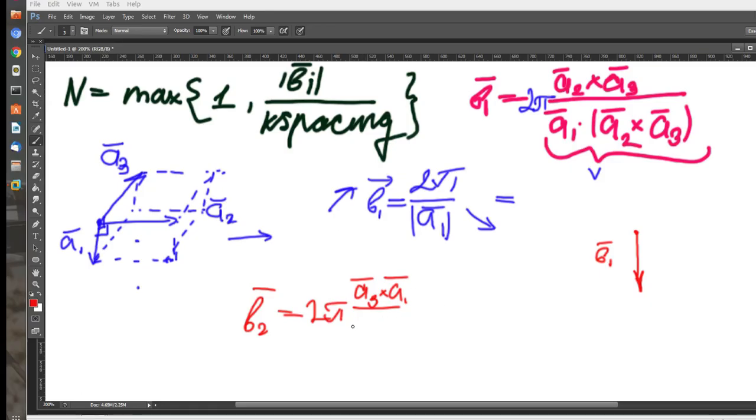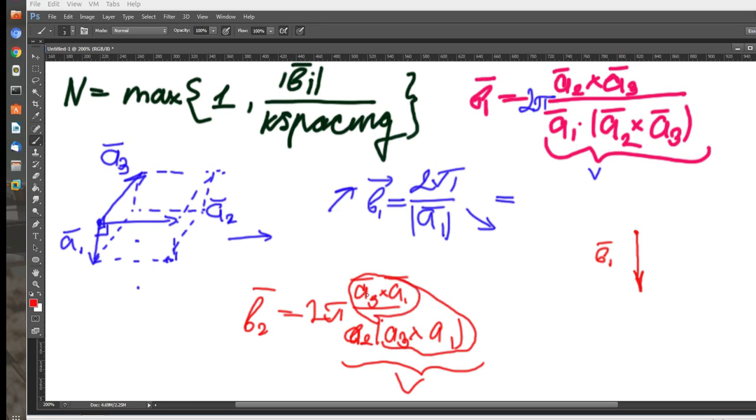And that means here we'll have a2, and here should be a3, a1. Again, this is the volume, but the absolute value of that multiplication should be equal to the absolute value of that multiplication.